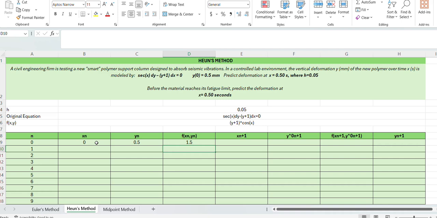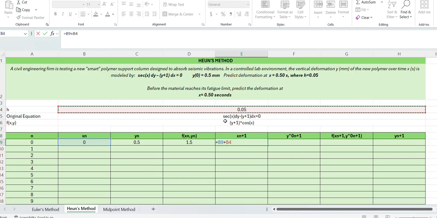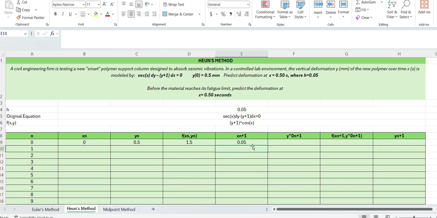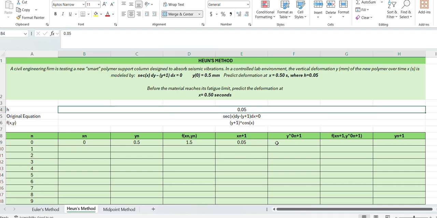For the value of x_(n+1), we add an increment to the original value of x, which is 0. So we equate 0 plus the increment, 0.05, and we add a dollar sign to lock the value, so we won't encounter any problems in dragging.